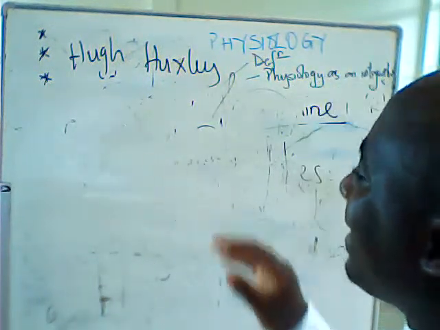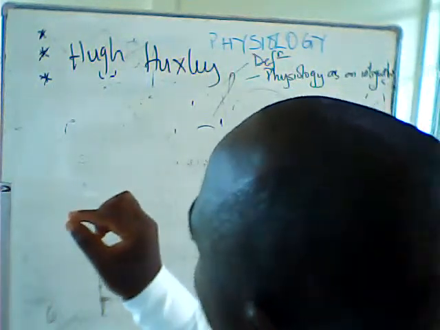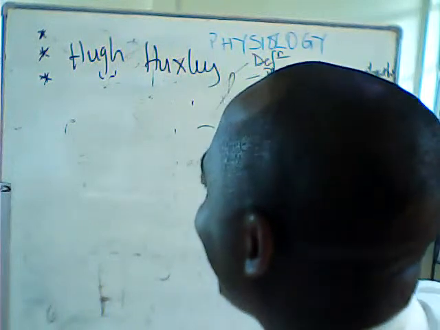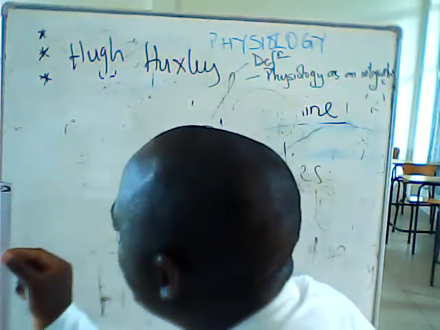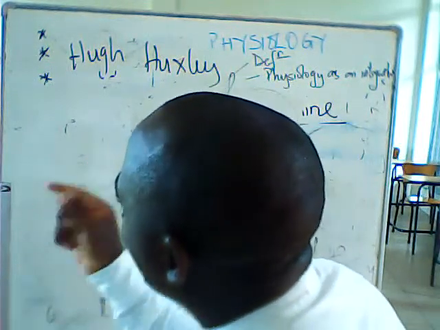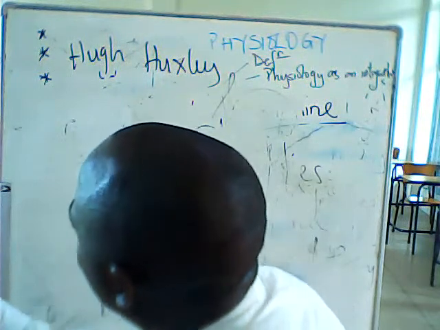But when they did that, they discovered they couldn't achieve that. It was now the concept of emergent properties. That means you couldn't understand the behavior or the functioning of the human body, or the nature of the human body, by just looking at the individual gene.